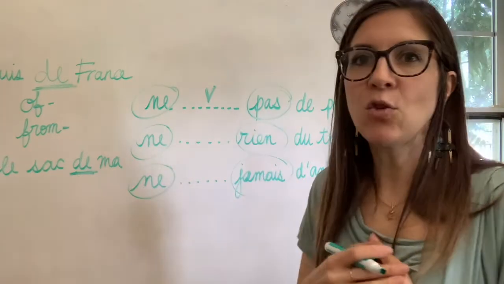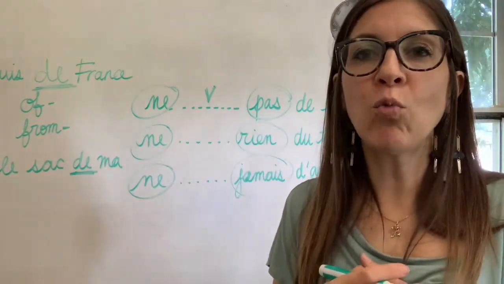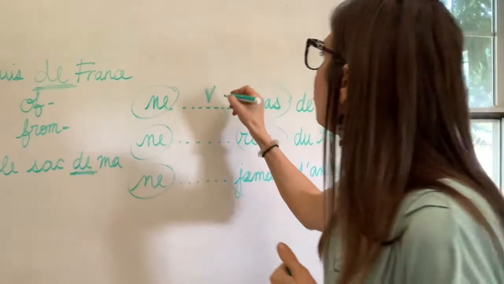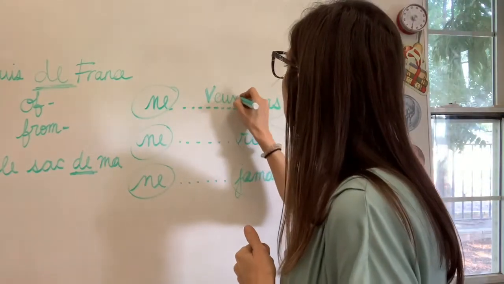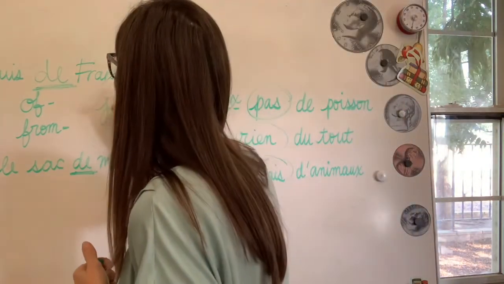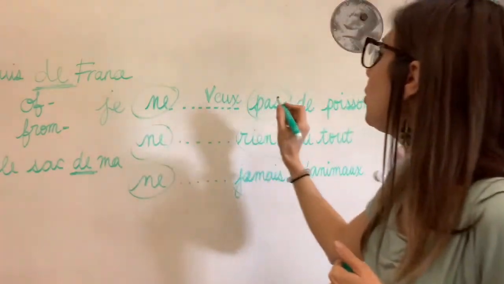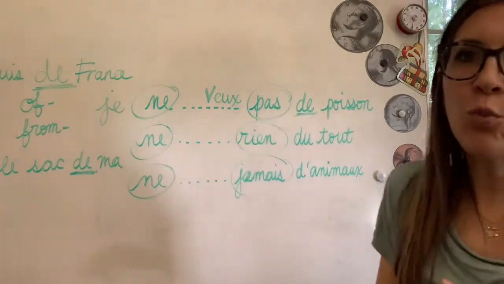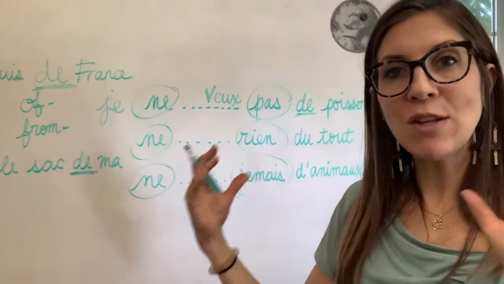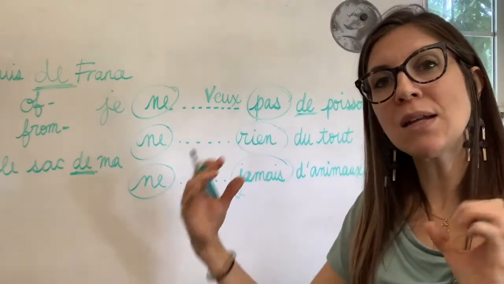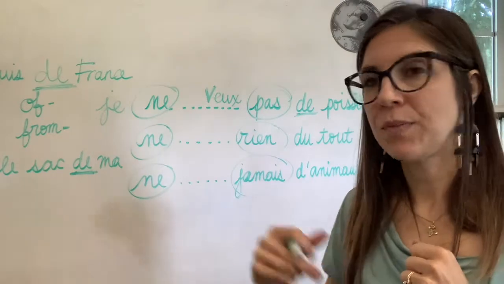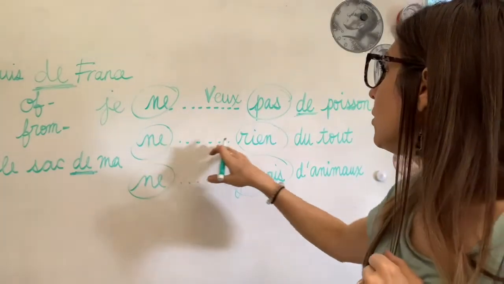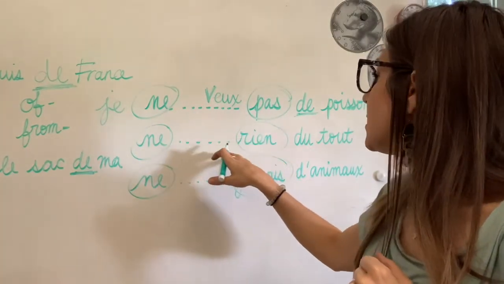So let's say you say, I do not want: je ne veux pas. And then here you have de poisson. Every time you have a negative sentence, right after it, you use de. Here, ne rien. So what does that mean?